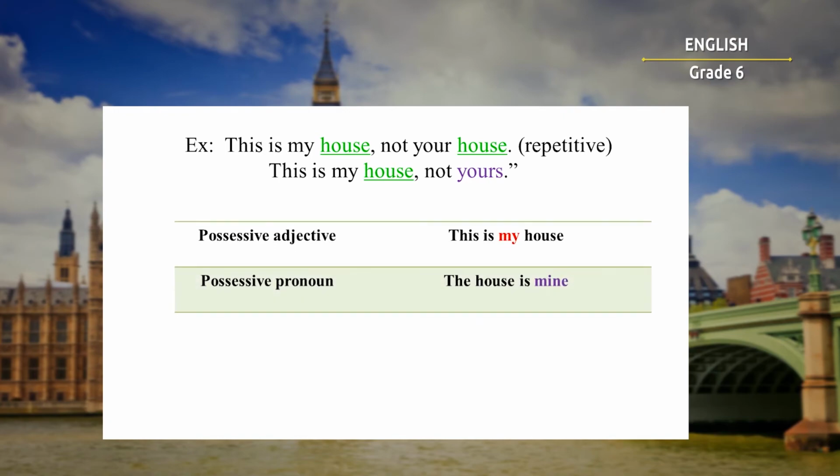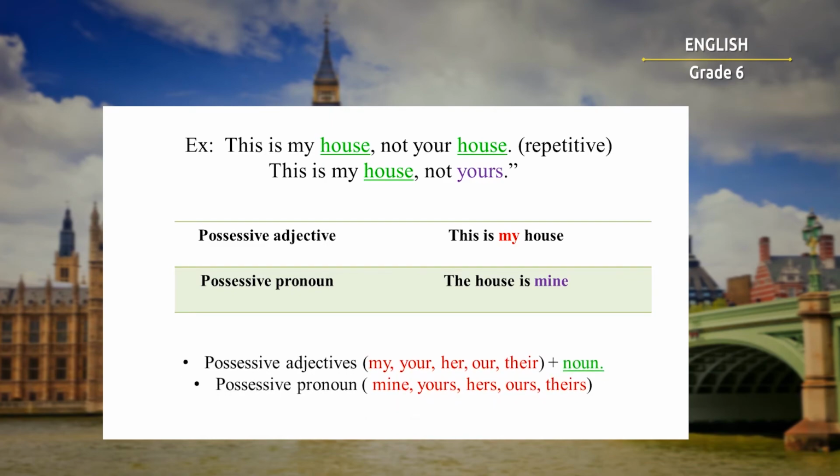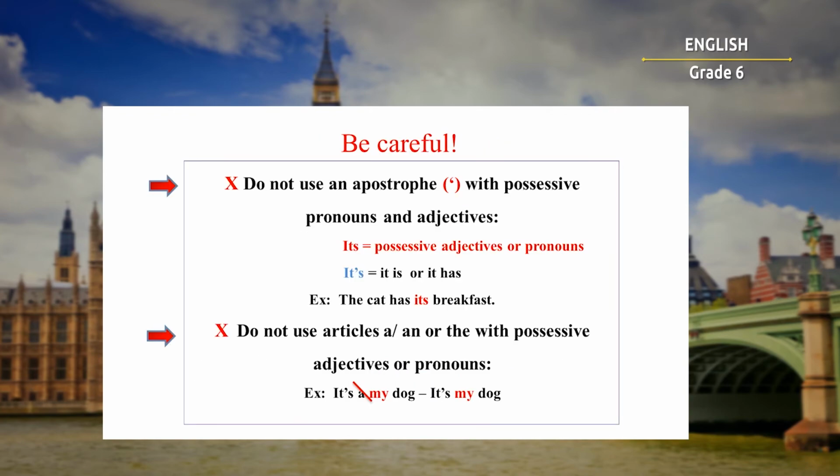But what is the difference between possessive adjectives and possessive pronouns, if both of them indicate the ownership of something? They simply differ by a noun. In other words, after possessive adjectives we put a noun, but after possessive pronouns we don't. Pay attention to these rules.